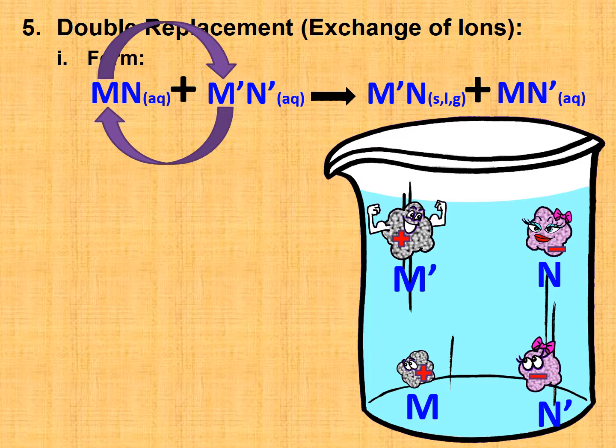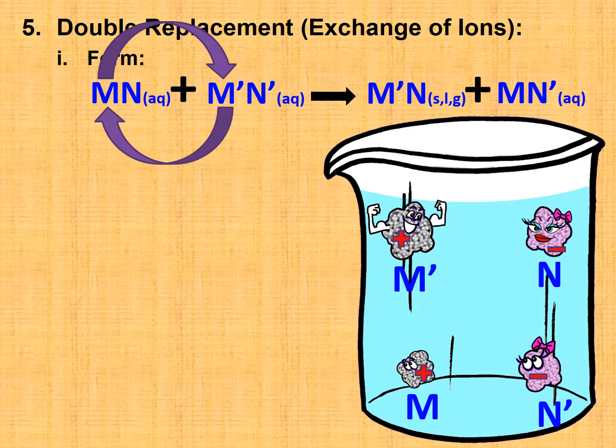If a reaction is going to occur, then one of three possible situations must happen when the ions exchange partners. Each of these three possibilities represents a way for the ions to come out of solution. Otherwise, they're perfectly happy existing in their dissolved state.